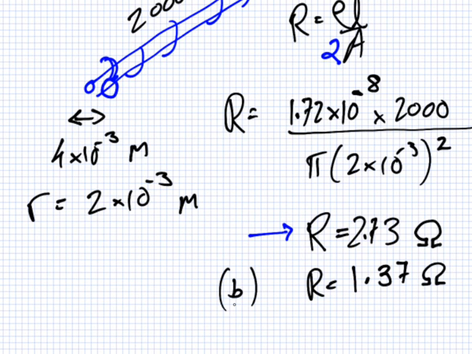Okay, so what's the resistance here? I don't have the area yet. Pi r squared? So why is it 2? Because the diameter was 4, so the radius is 2.